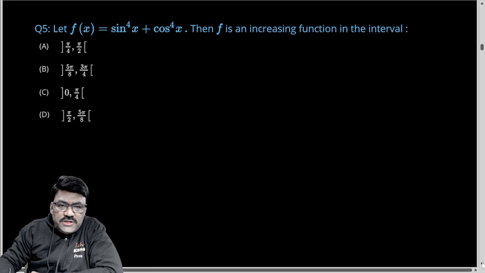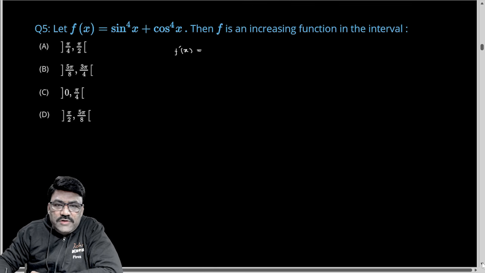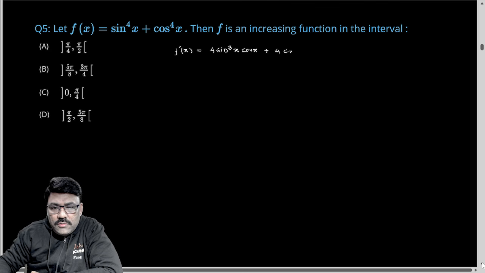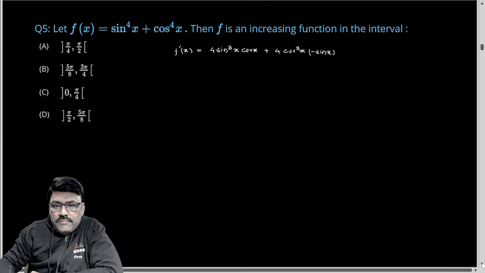So if I differentiate this straight away, the derivative is what? 4 sine cube x cos x plus 4 cos cube x minus sine x. Now you can take 4 sine x cos x common.